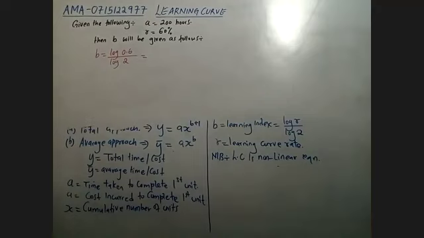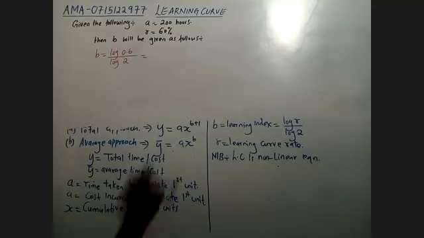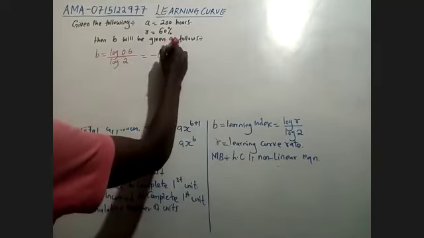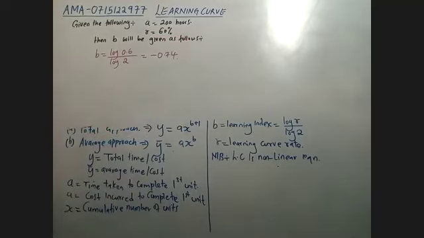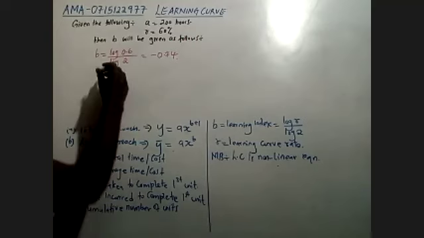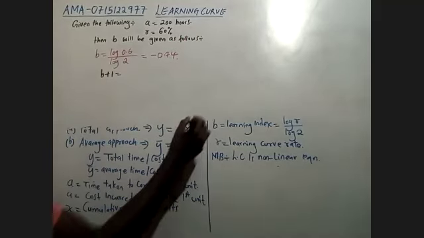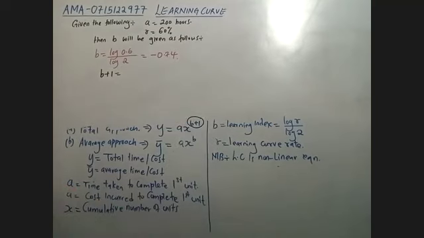So we napata minus 0.74. Are you getting the same? So that's how you get the B, which is the learning index. And then remember, we have B plus 1 somewhere. So sometimes in an equation, when you are using the total approach, you need the B plus 1.